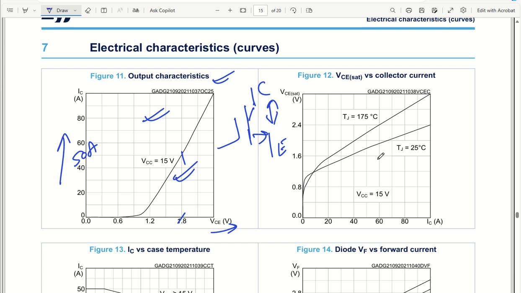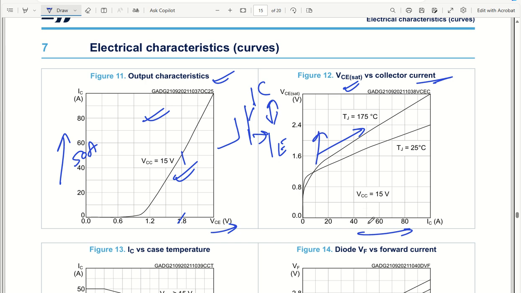That's the understanding. If we talk about saturation voltage versus collector current, the collector current is increasing and my saturation voltage is increasing accordingly. As you can see, there is a little bit of increment in the saturation voltage.